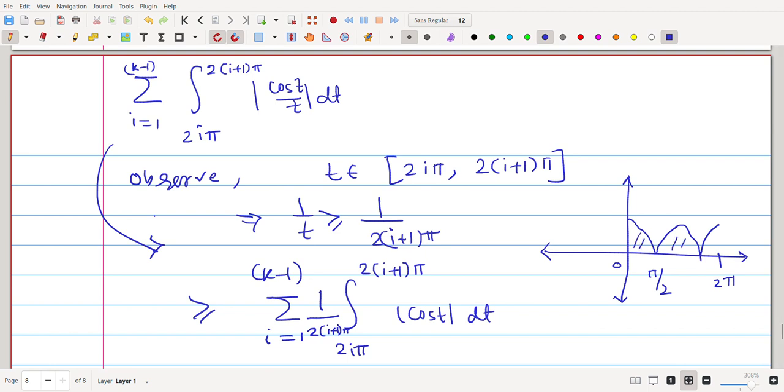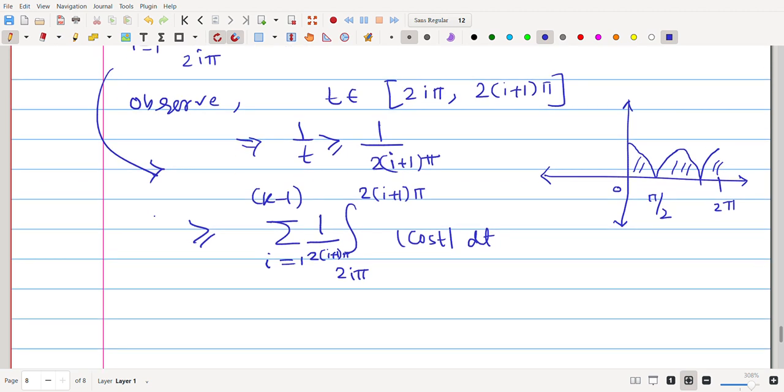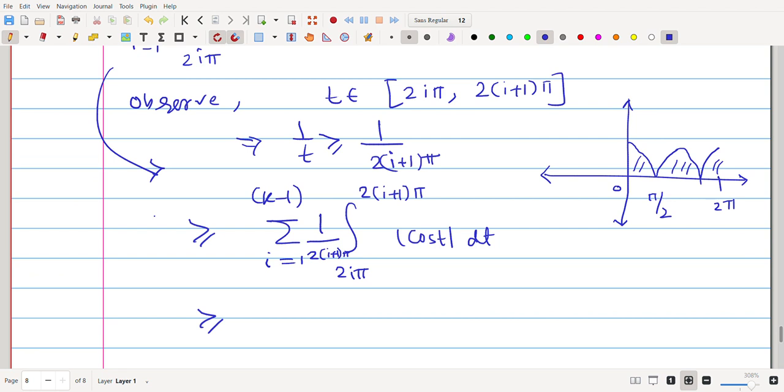So if you integrate it on 0 to 2 pi, which is the same as 2 pi to 4 pi, which is the same as 4 pi to 6 pi, we will get 4. That means this integral value is greater than or equal to the summation of 4 times, i equal to 1 to k minus 1, of 1 by (2i plus 1) pi.